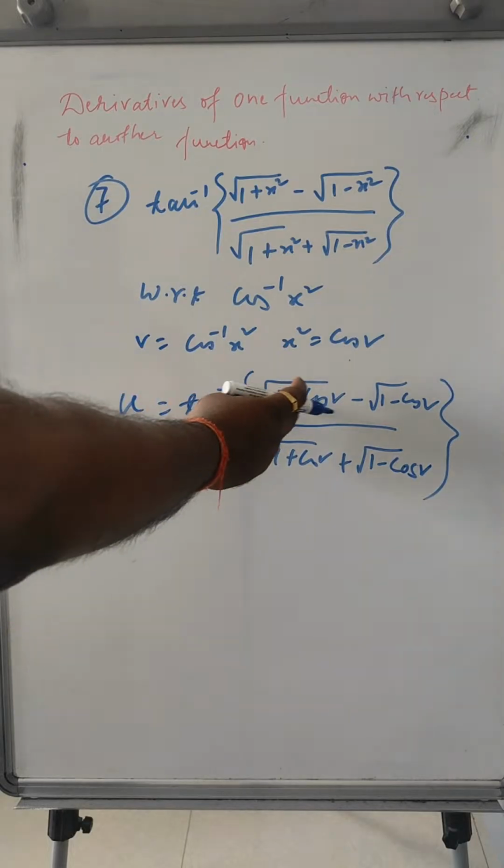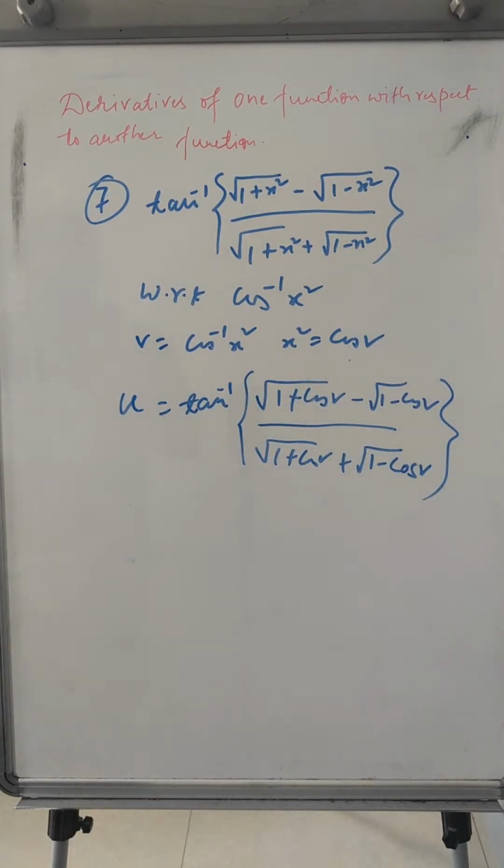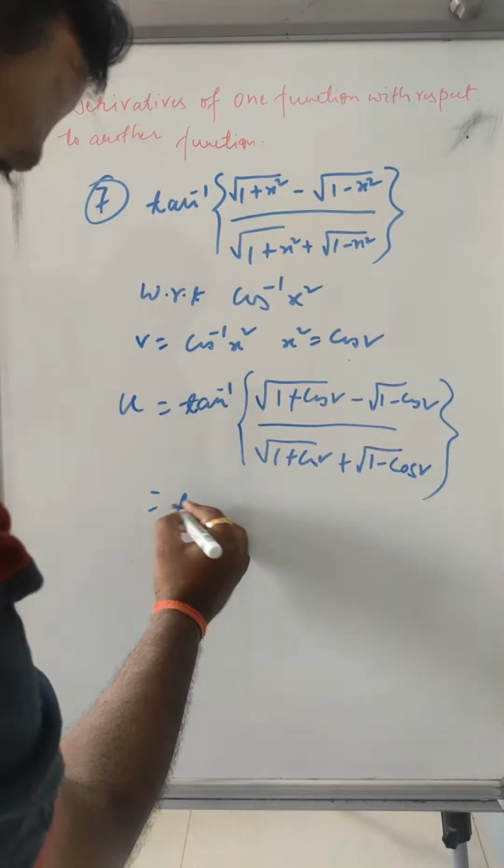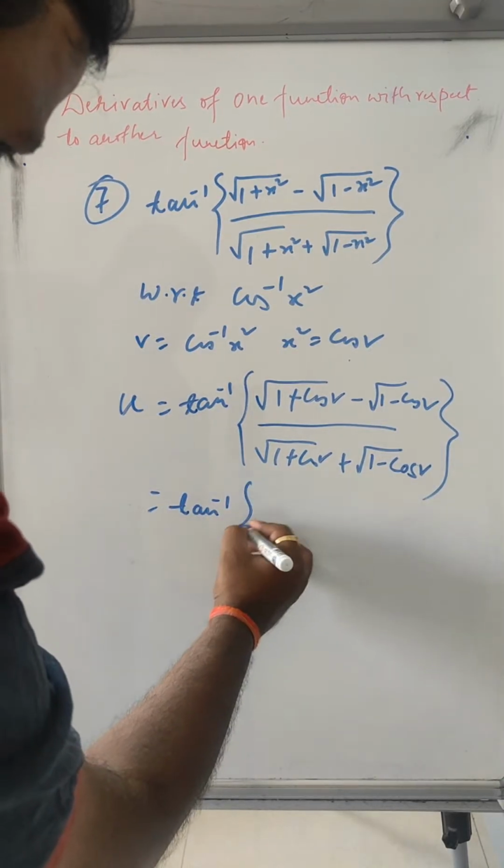And now this is again the formula. 1 plus cos v, what would be the formula? 2 cos square v by 2. 1 minus cos v, what would be the formula? 2 sin square v by 2. So you should remember this. So this is tan inverse.